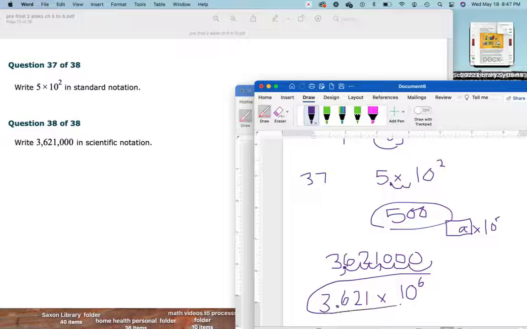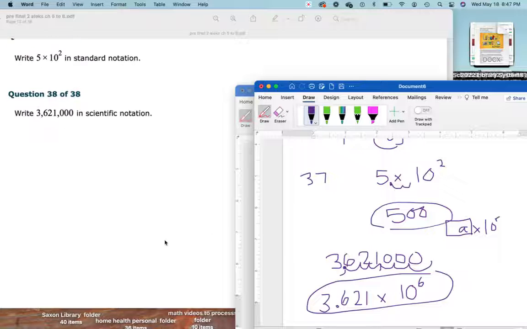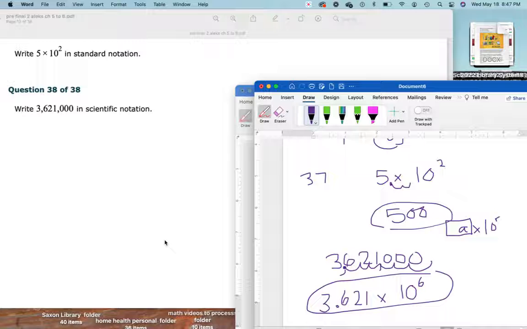And we have successfully completed our last review for the final exam. So remember that each one of these reviews is a quiz grade. You have the answers in the back, but you must show work on every one of these to get your quiz grade.